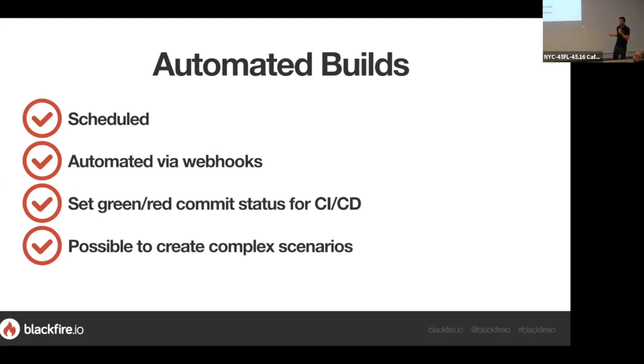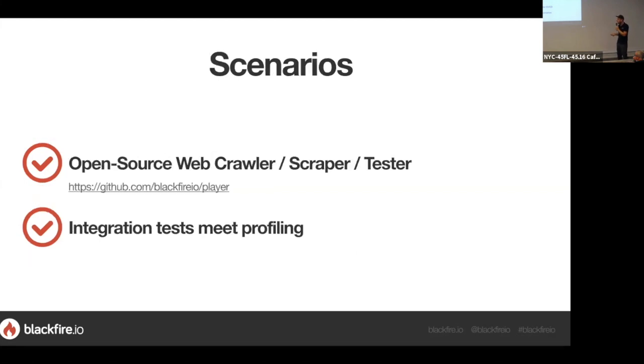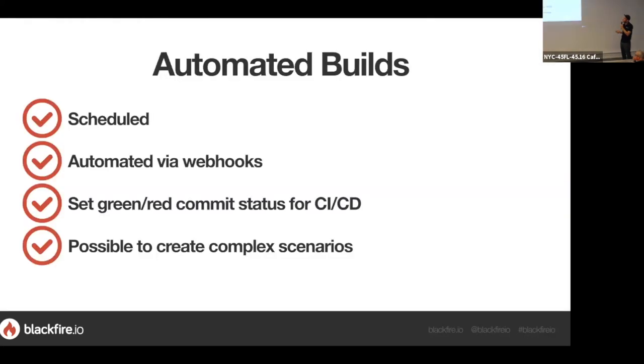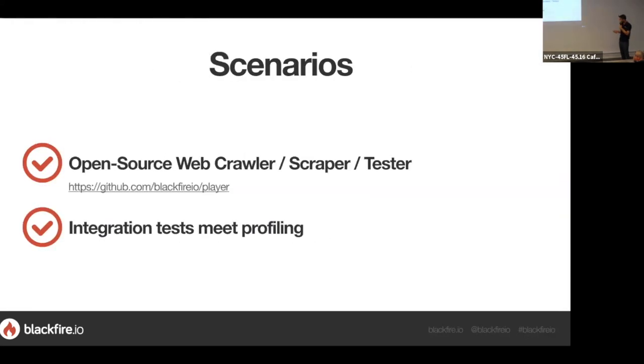And you can create very complex scenarios because we have open sourced our player, meaning that you can use it as well for your own pleasure without using Blackfire. And this player is a very powerful crawler, scrapper, and tester.